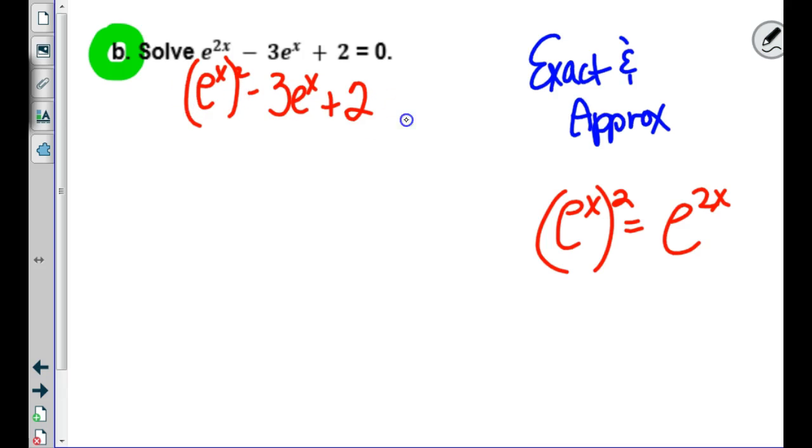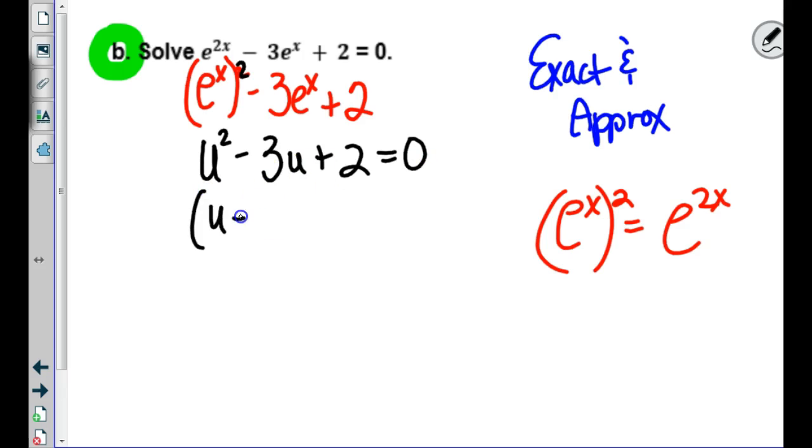Most of you are going to freak out when you see all that garbage and try to factor it. So we're going to do what's called a u substitution. I'm going to make e to the x a u. So this is a u squared minus 3u plus 2 equals 0. Does that feel better? You can solve that? Okay. This looks like something you could solve without having a heart attack, right?